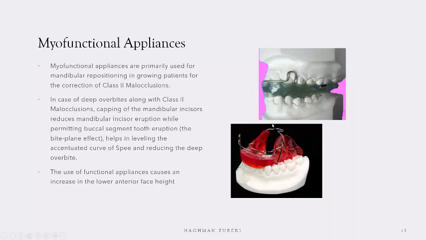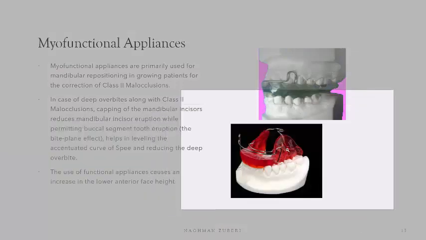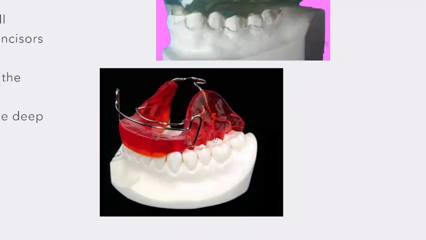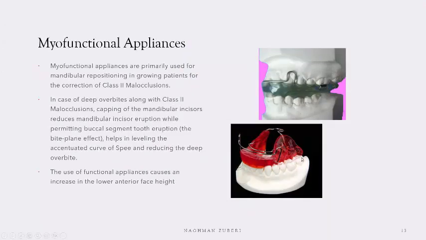Just letting you know that you can use those for the correction of Class 2 malocclusion, as well as, if you see over here in this area, by selectively grinding the occlusal area so that the posterior teeth will start erupting and the curve of Spee is going to be leveled. So use of these functional appliances causes an increase in the lower anterior facial height.